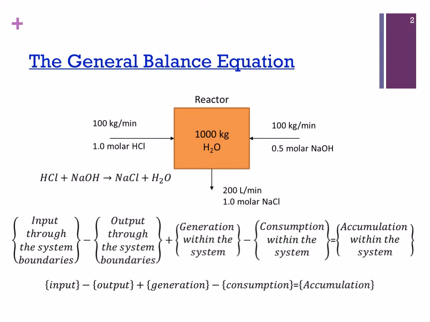In this case, you will have NaCl and water as the generation within the system, minus all the consumption. So the consumed NaOH and HCl is being subtracted, and all of this is equal to the accumulation within the system, which is the 1000 kilogram of water.